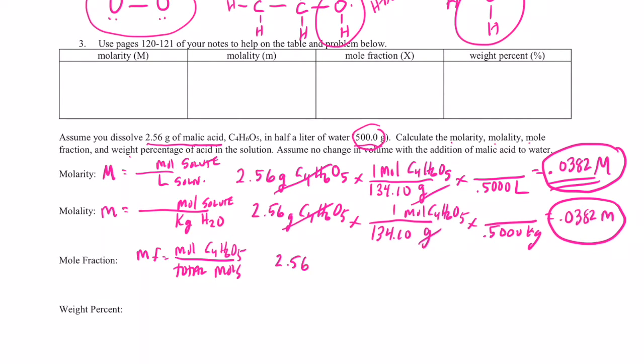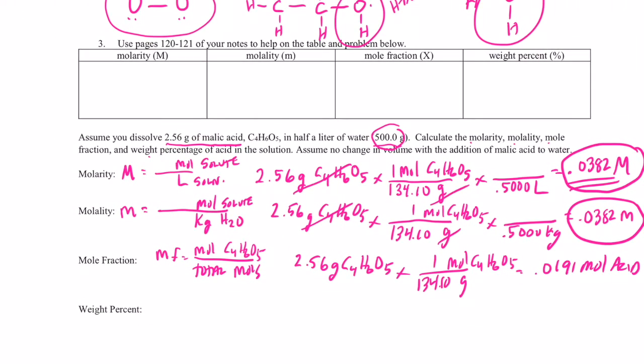Remember, we have 2.56 grams of acid, and we're going to convert that to moles. Again, that's 134.10 grams per mole. That gives me, let's plug it in here, 2.56 divided by 134.10, 0.0191 moles of acid.